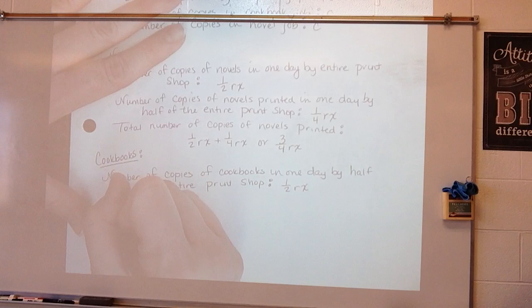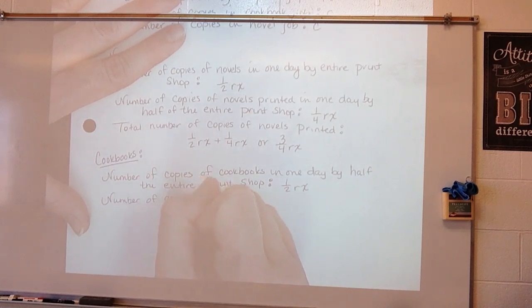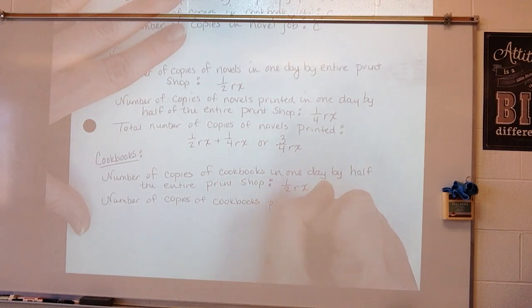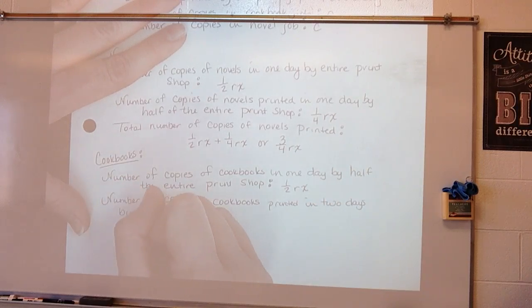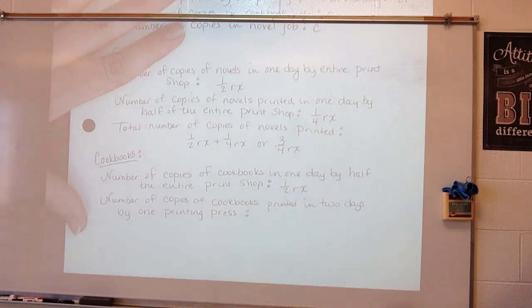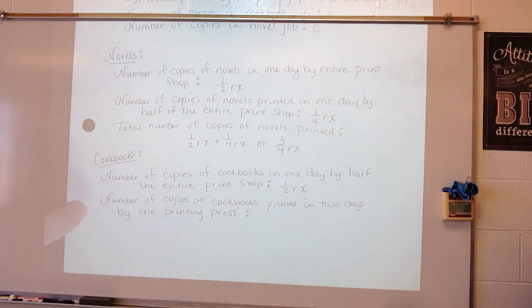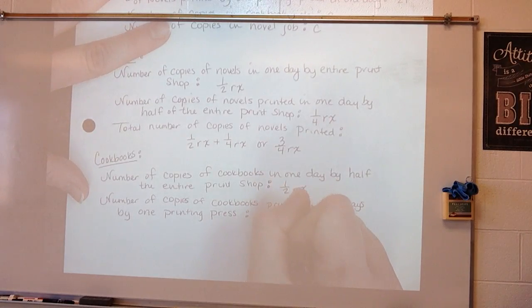The number of copies of cookbooks printed in 2 days by one printing press: if they're printing R each day, that's 2 days, so 2R.